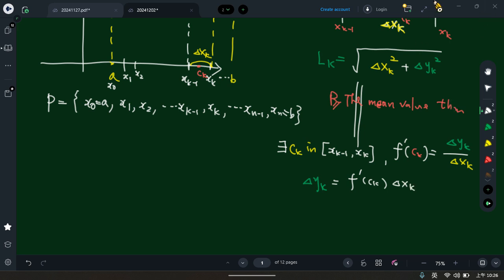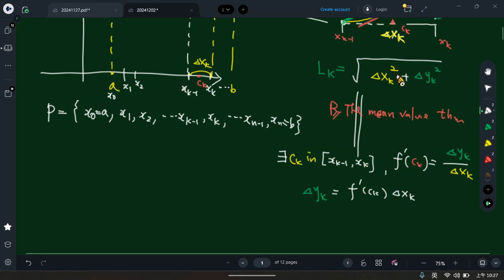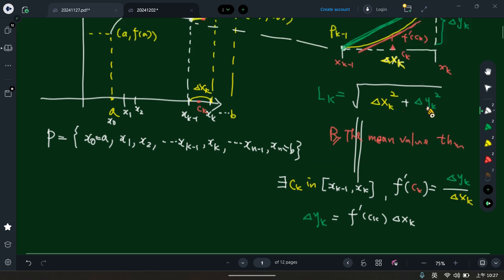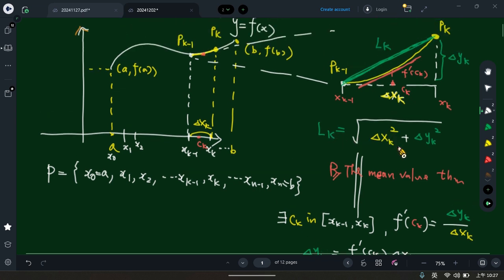Right? So why do we need to do this conversion? Because you can see, if we just follow this one, Lk is equal to the square root of delta sk squared plus delta yk squared. You can see we need to face two variables, one is x, one is y.